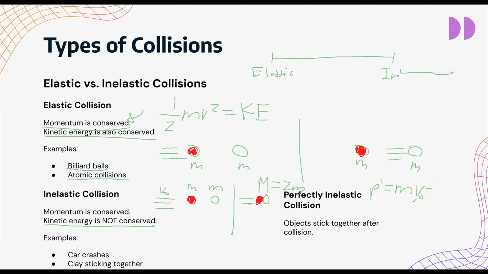After the collision, it's now 2m v prime. So you can see the mass doubled and the velocity changed. If you solve, v prime is equal to 1/2 of v initial. The velocity was halved because the mass is now doubled.